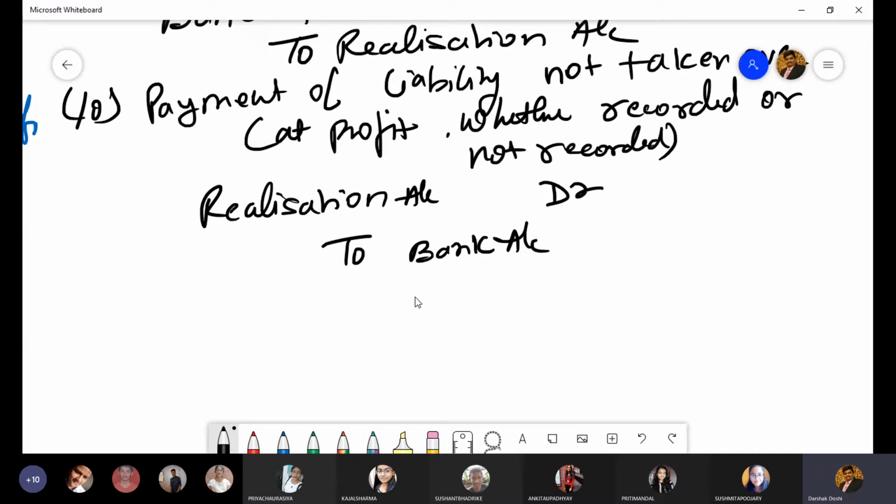Dissolution expenses. In that we will have expenses paid and borne by vendor company, expenses paid by vendor company but reimbursed by purchasing company, and paid and borne by the purchasing company. Three variants. So number 11, write down dissolution expenses.